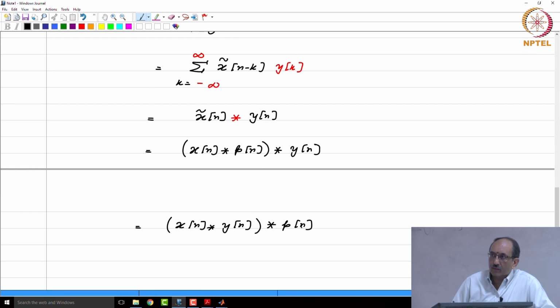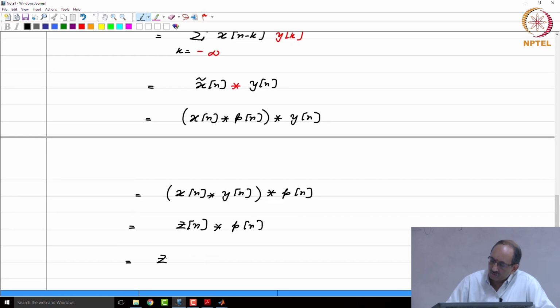convolved with p of n, and x of n convolved with y of n we can call z of n, and z of n is the result of linear convolution of x and y, and hence this is really z tilde of n.